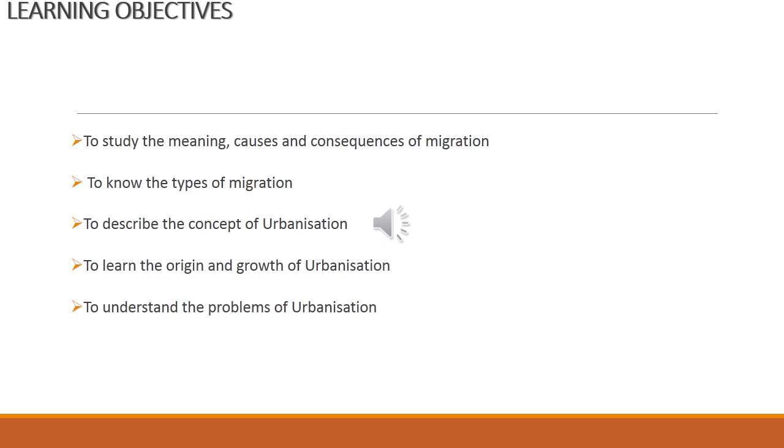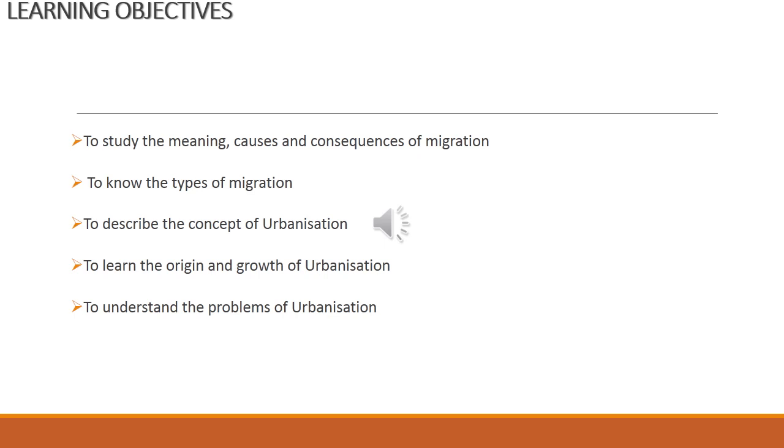Then to describe the concept of urbanization. What is meant by urbanization? That is the change from rural to urban. Rural life to urban life, village to city life, is called urbanization. Then to learn the origin and growth of urbanization, when the concept originated and its growth.